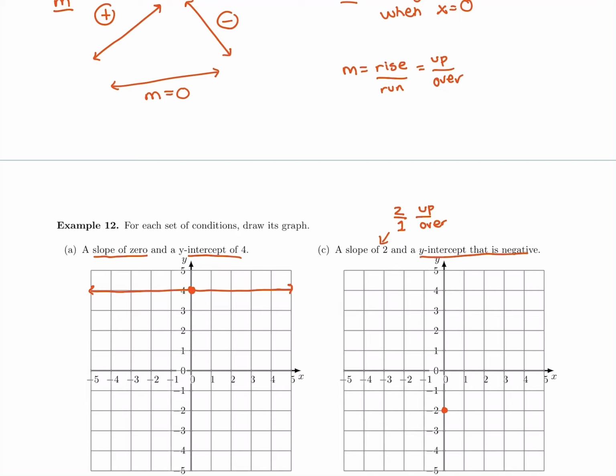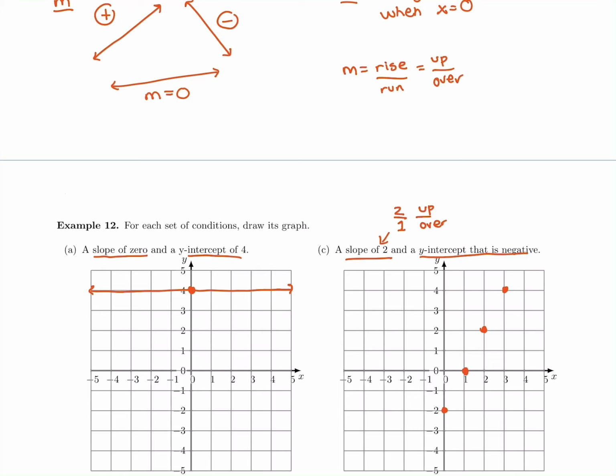And now our slope is 2. So we're going to go up 2 over 1. Up 2, over 1 is my next point. And I'm going to keep doing that, going up 2, over 1 from where I just was. I'm going to get rid of these markings, and then we can connect our points.